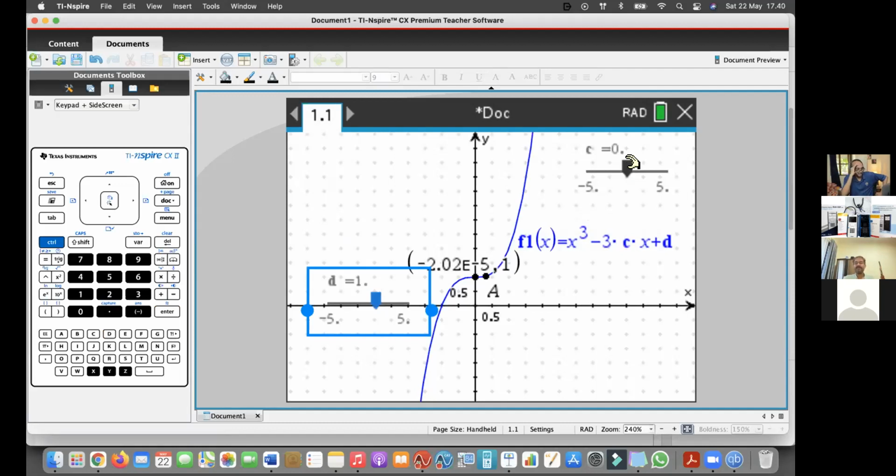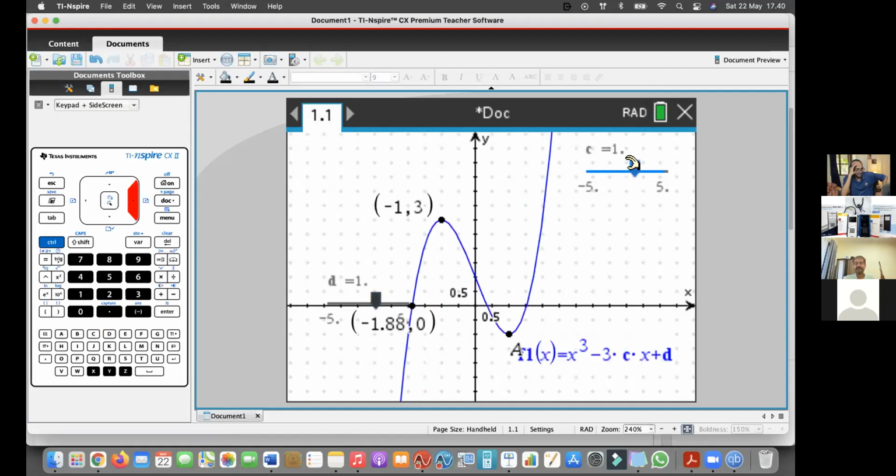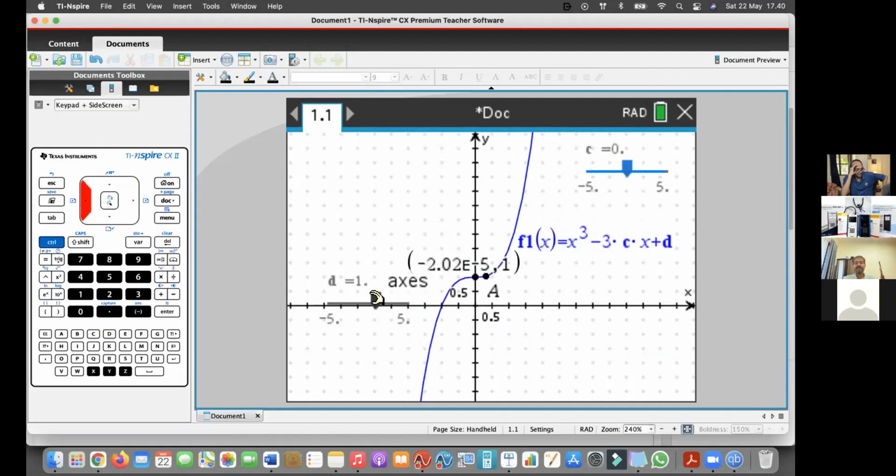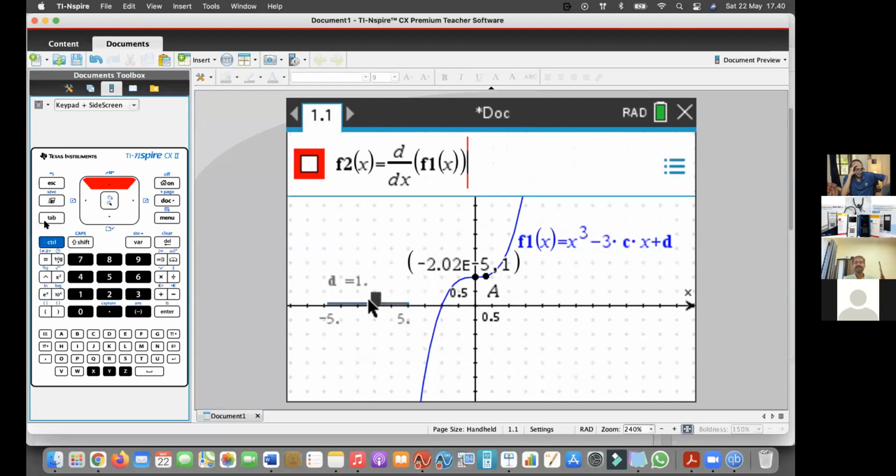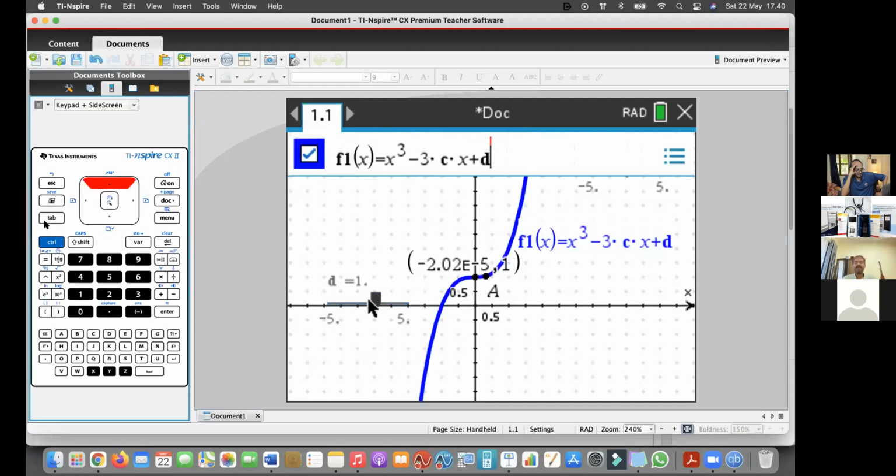So I have 2 sliders. You see, one is here. I can change the values of c from that slider, and I can change the value of d from the other slider. Now, when we look at this equation once again, what do you think is the role of d here? If we change d, what will happen to the graph?